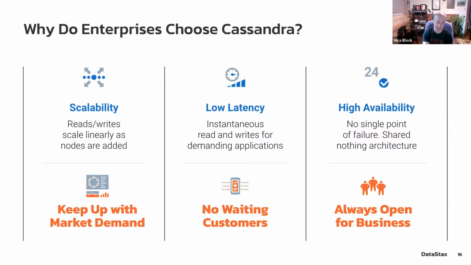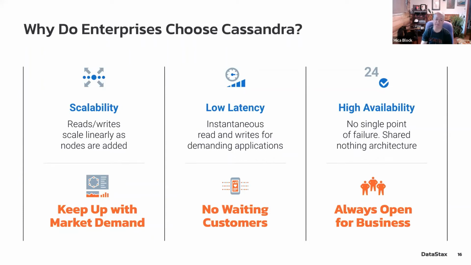So it's not only that it's a real-time application that has a lot of data and a lot of transactions, but it also is high growth. So I could start very small and get to big because I never have to worry about performance or latencies or availability as I grow.